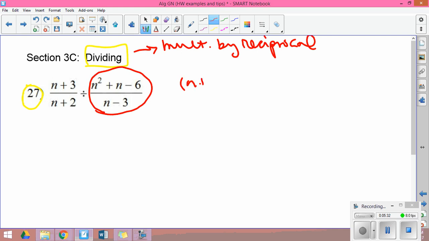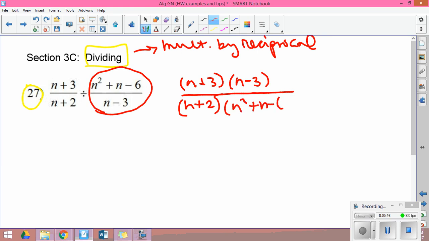So we're going to have n plus 3 over n plus 2. That's the first fraction. Second fraction is n minus 3 times n squared plus n minus 6. So now I'm back to multiplication, which is the previous section, which means I have to factor.